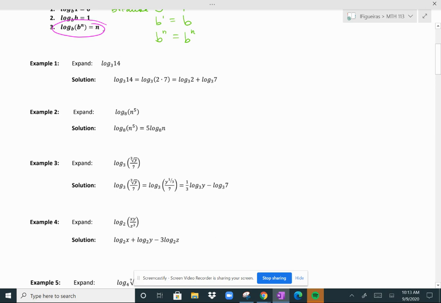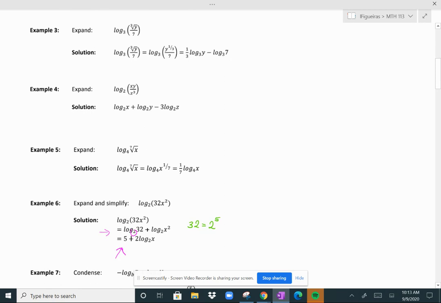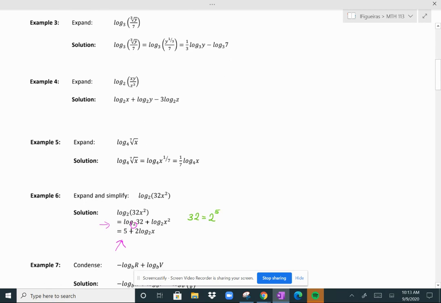It's just going to be the exponent when the base of your log and the base of your expression are the same. You just get the exponent. So that's what we have in this example. Log base 2 of 2 to the 5th is just 5. And the second expression just becomes 2 log base 2 of x. And there's a plus sign there.